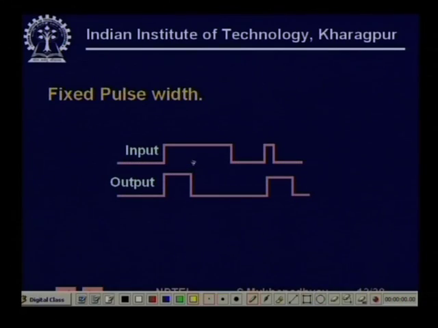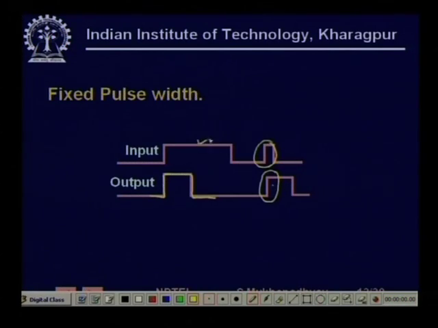Similarly, we could have various kinds of timers. For example, we could have a fixed pulse width timer, where every time the input becomes on, irrespective of the delay, you will get a fixed pulse from the output. This is not an off delay timer. Every time the input goes high, the output immediately goes high, and irrespective of the input, it stays for only a fixed time and then comes down. So, here when this goes high, even if this comes down much earlier, this keeps.